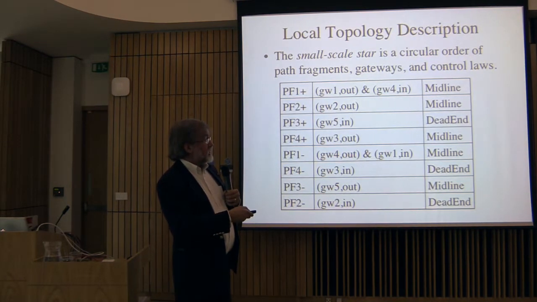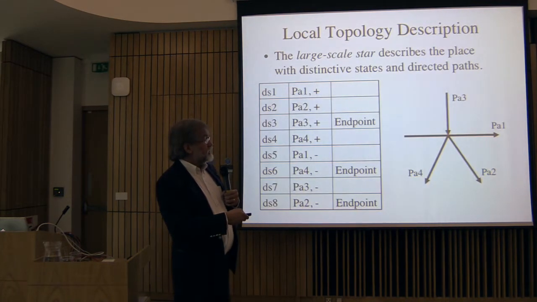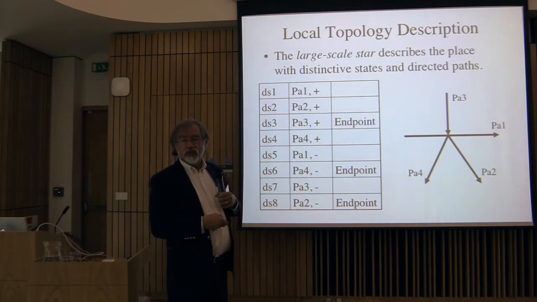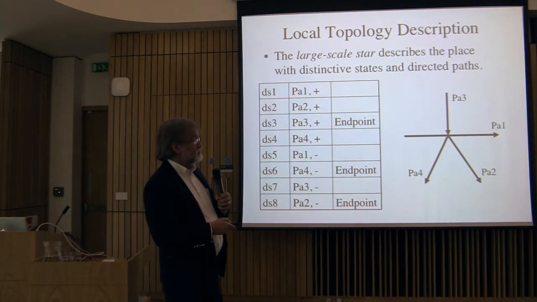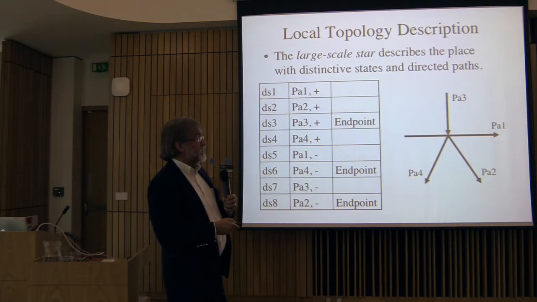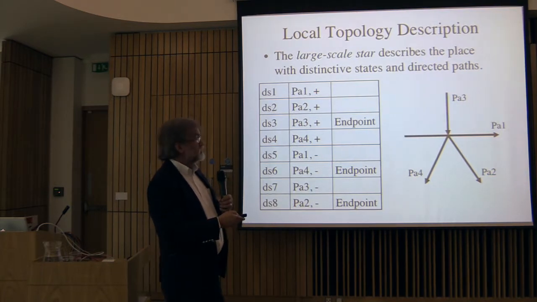And here are the appropriate control laws, and that can be translated in a very natural way into the language of large-scale space, into the kind of graph structure that we use for describing large-scale space. And as I mentioned, these paths and path fragments are directed, so they have a direction.